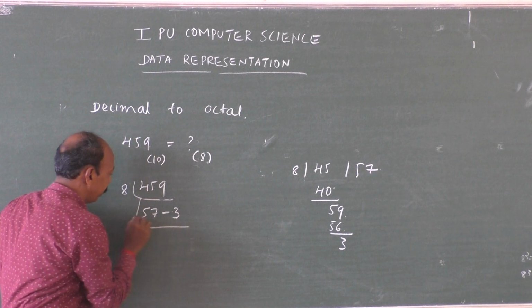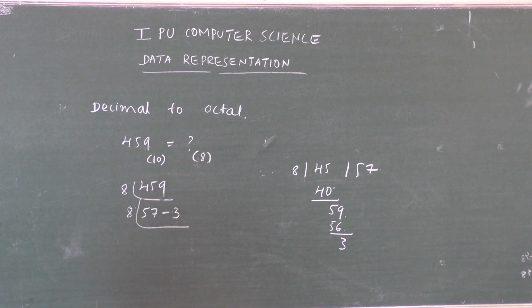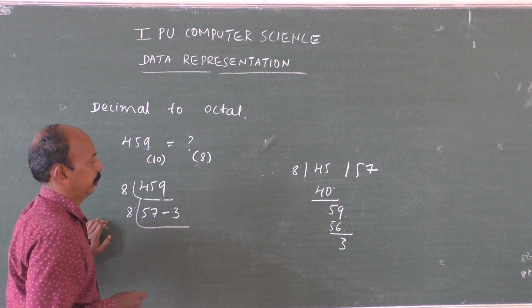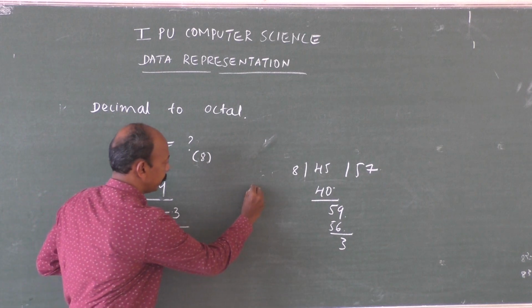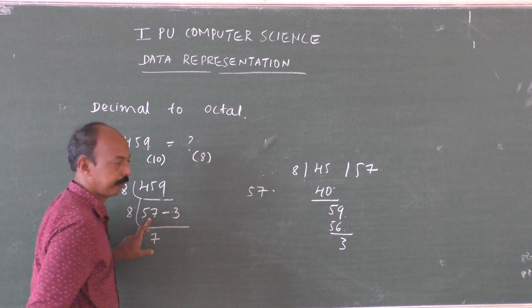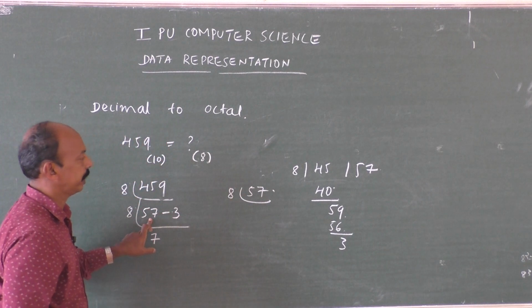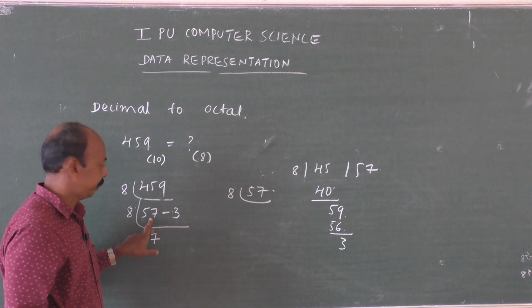Once again, divide the number with 8. How much will we get? Again it is 7, because what we have is 57 divided by 8. 8 5s are 40, 8 6s are 48, 8 7s are 56.